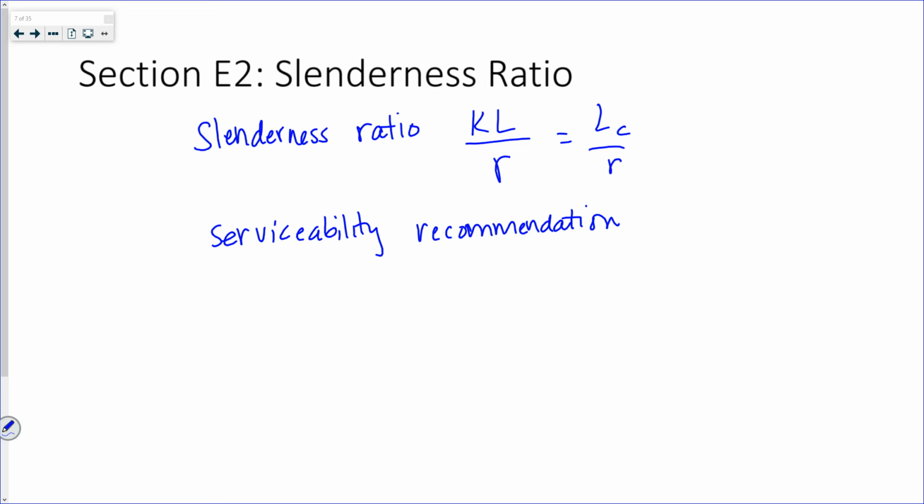And it says KL over R less than 200, where R is again your radius of gyration.